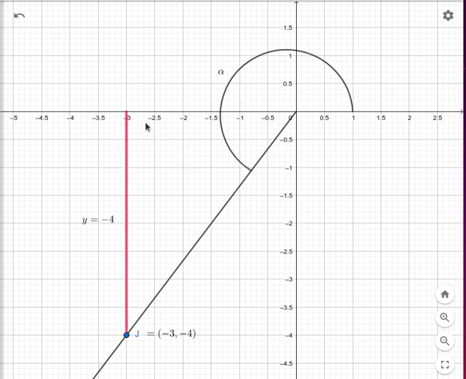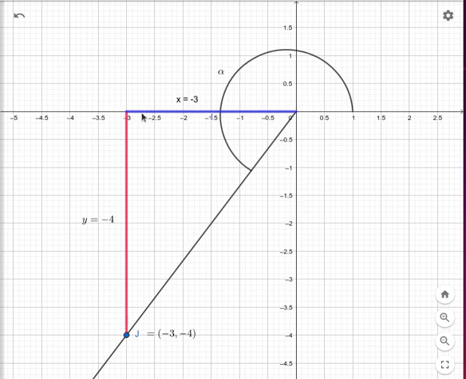So this red segment has a length of -4, because the y value of the point tells how far the point is from the x-axis. And this blue segment is going to be -3, because the x value of the point tells us how far we are from the y-axis.